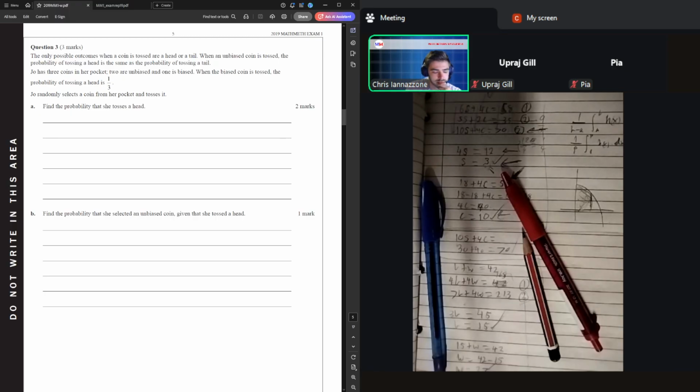This one's probably easier than you imagine it to be. So the keyword "given that" implies conditional. So you've now got to expand that out to your conditional probability formula. Basically you want to find the intersection of an unbiased coin and tossing a head, which we may or may not have already done, divided by the probability of the conditional, which in this case is a head, which we also may or may not have the probability of. This one is a 1 marker because you've already solved all the probabilities required to calculate it. We're just arranging them.